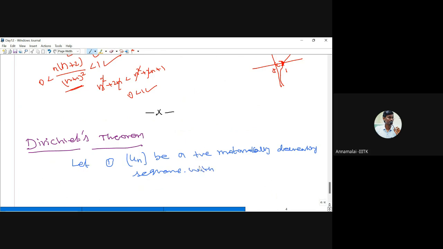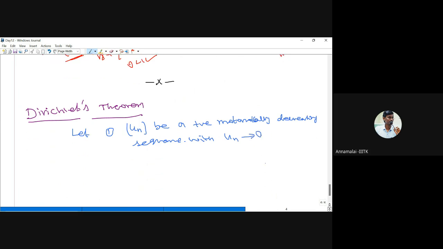That is, un converges to 0. Suppose we have one decreasing sequence converging to 0, but everything is positive. All the uns are positive.